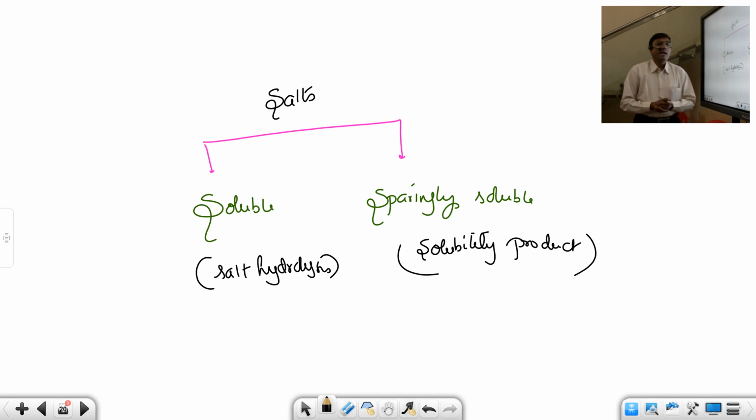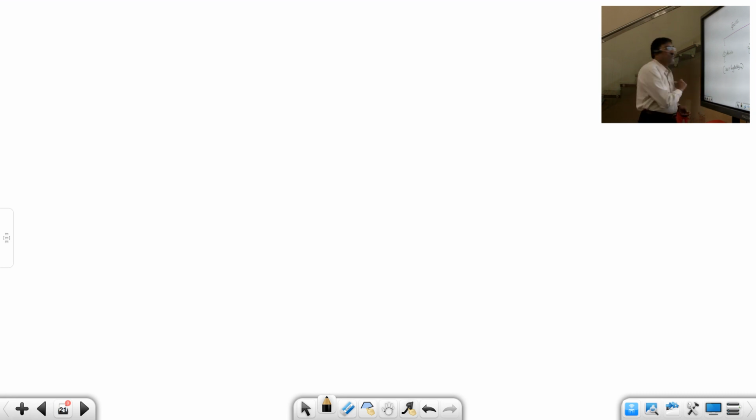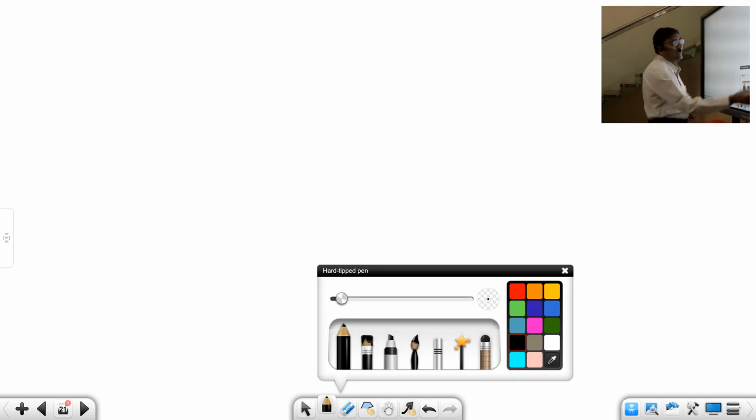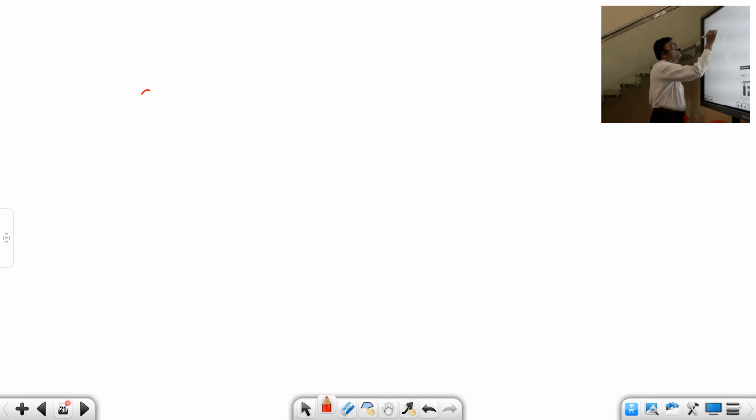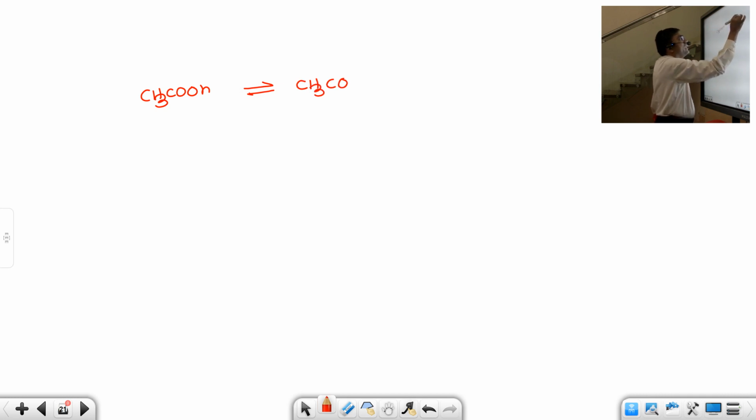Now I am going to teach you buffers, salt hydrolysis and weak acids by taking one illustration. With one illustration, everything will be covered. Have a look. Let me take acetic acid, CH3COOH, which is a weak acid, and naturally it is in equilibrium with acetate ions plus H plus ions.